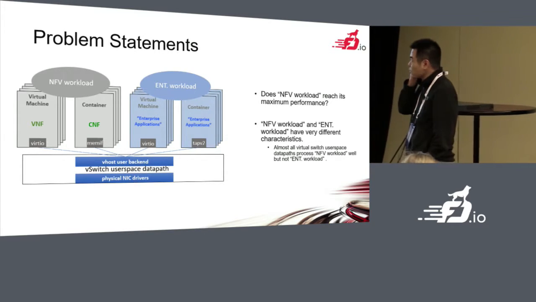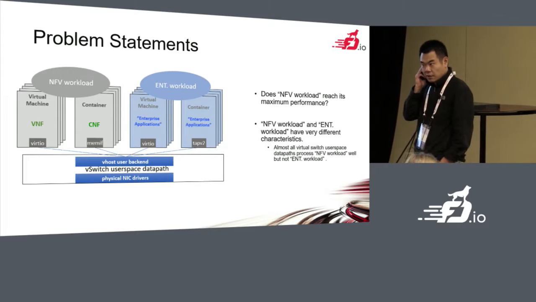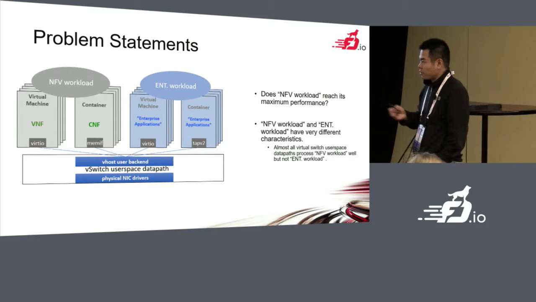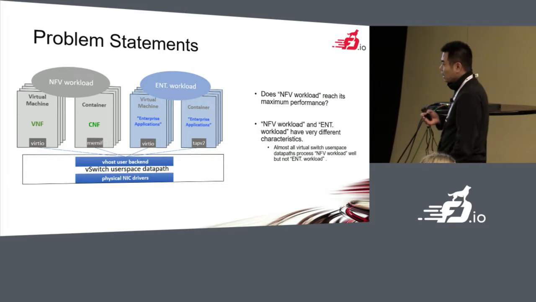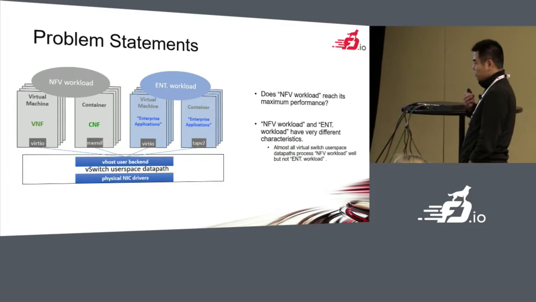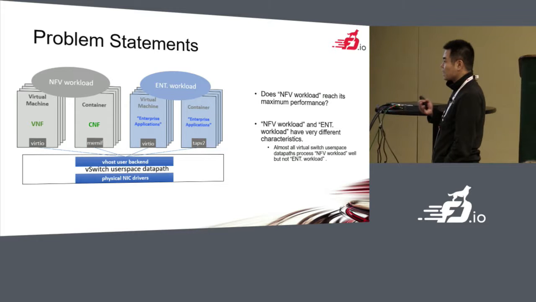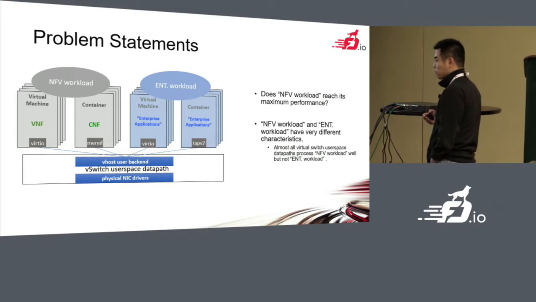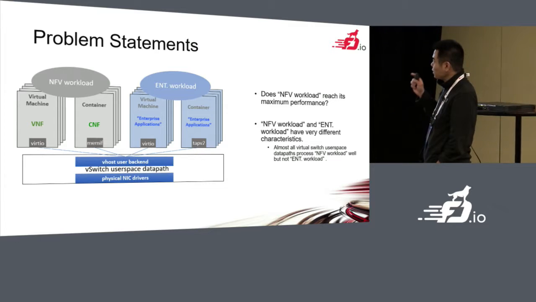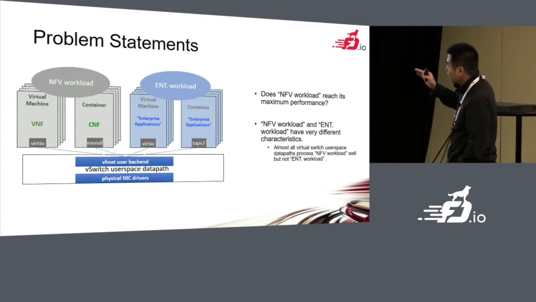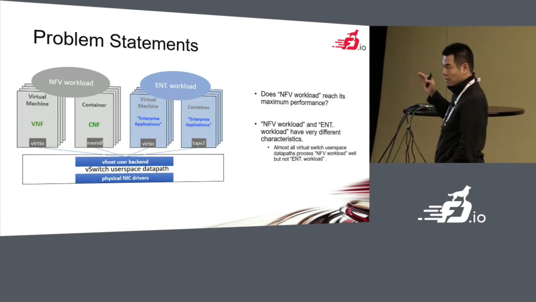So what's the problem? As we know, VPP is pretty good and has very high performance, but we think there is still some room to improve performance. The workload can essentially be categorized into NFV workload and enterprise workload.